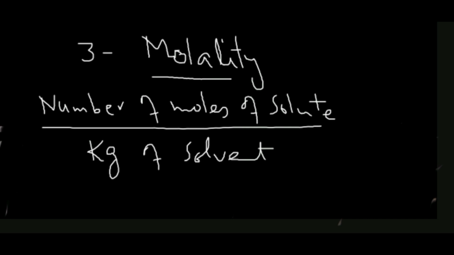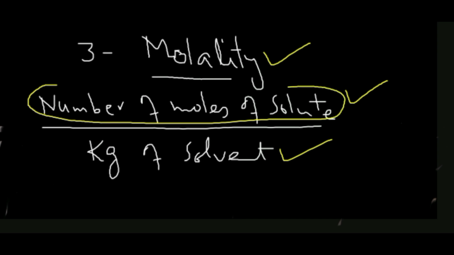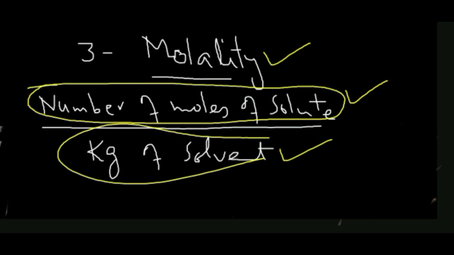Now we will discuss the third concentration unit, which is molality. Previously we discussed molarity, which was the number of moles of solute per liter of solution. In this case, molality is equal to the number of moles of solute per kilogram of solvent.